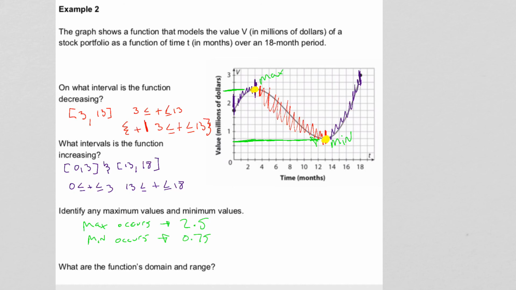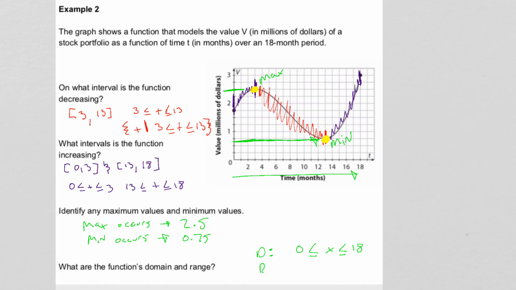Now let's talk about domain and range. Well, domain is definitely limited, right? Domain is all the x values, and it goes from where? From 0 to basically 18. So the domain is here. I'm just writing it as an inequality.